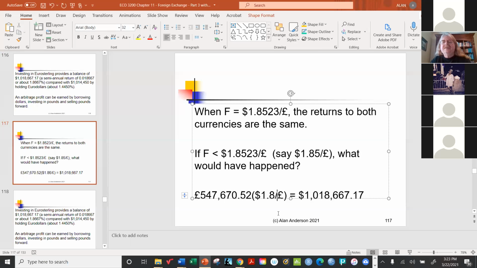So now look what happens here. When we convert those pounds into dollars, we're only going to wind up with, let's see how much, 1,013,190.46. Well, that's too low. That's less than we would have gotten by keeping our money in euro dollars.